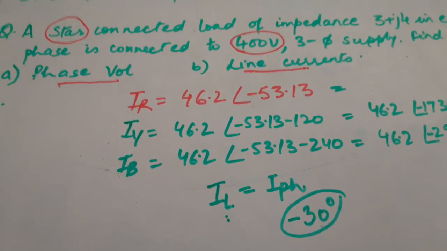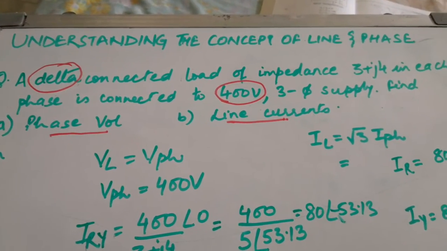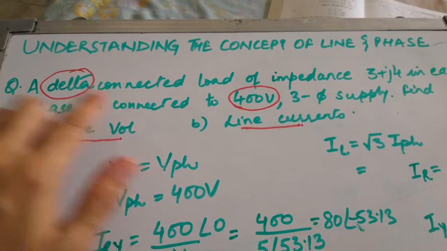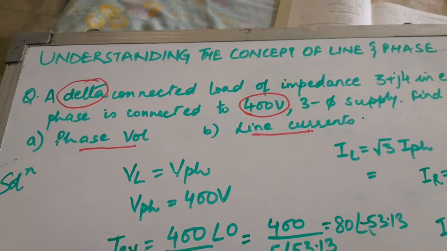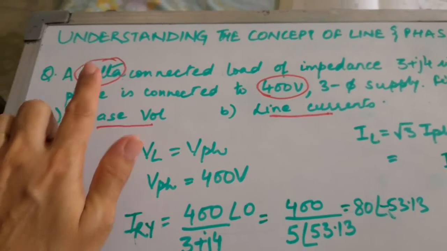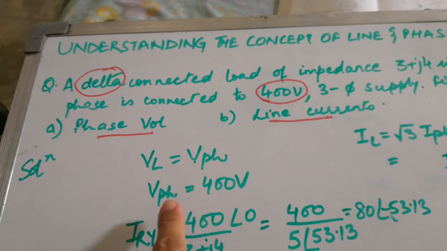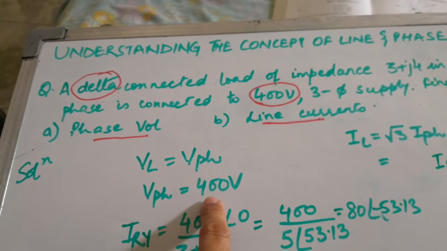This is all for the star case. Now I have taken the example of a delta load. Here I again circle delta and 400. I have taken the same numerical so that the concept is clearer to you. Because this is a delta system, VL will be equal to V phase. So the value of V phase will directly be equal to this line voltage.